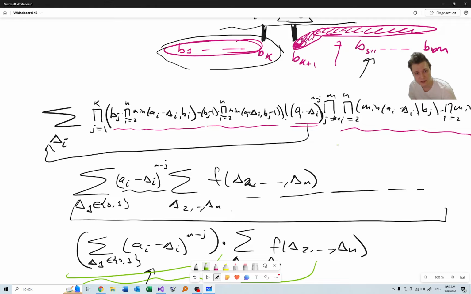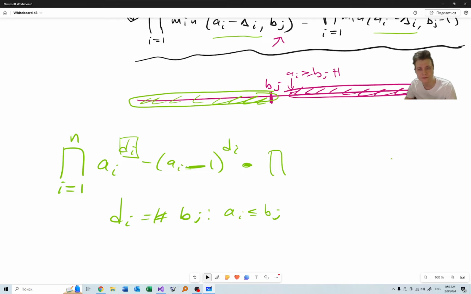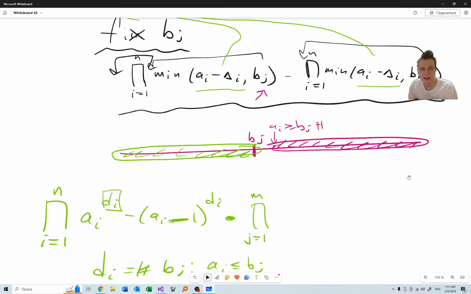In the residual thing, we have the product from j equals 1 to m, and we are only left with these powers.